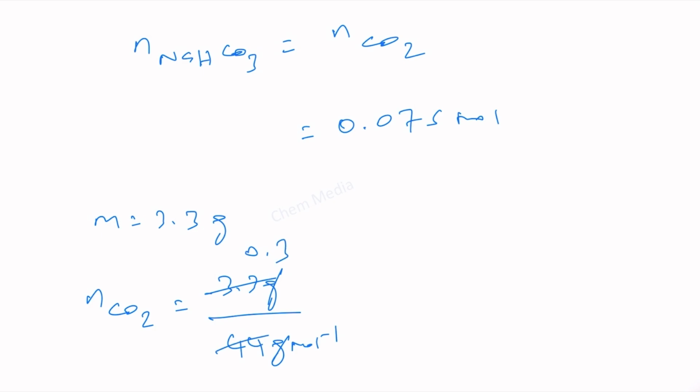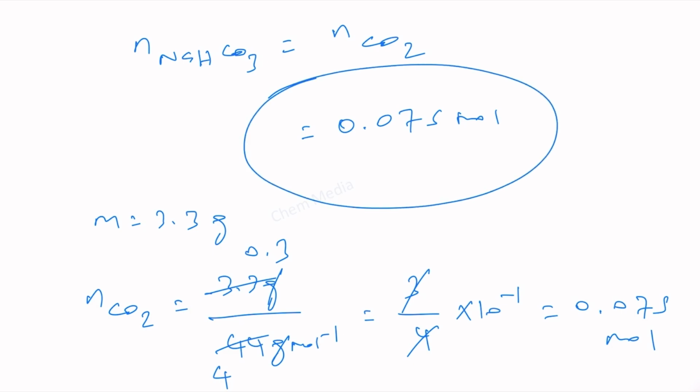This is 4 times 11, so this is 3 by 4 into 10 to the power minus 1. So this is still 0.075 moles. So that is what we found here. So, even if the residual weight is not given, you can still find the answer, provided you understand the concept of limiting reagent.